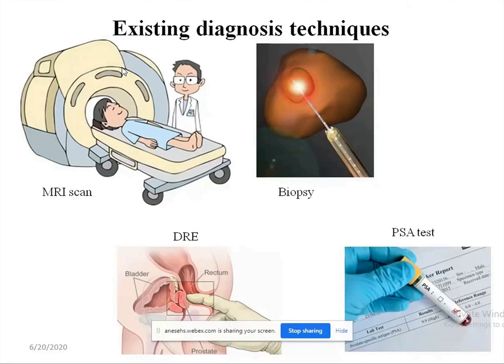And the final kind of test is the antigen-based test, or the blood test or other body fluid test. These are the tests where we detect a particular biomarker which is used for disease detection. For example, in the case of prostate cancer, there is an antigen called prostate-specific antigen. These are actually proteins that are present in human body fluids such as blood, saliva, urine, etc. When a person is healthy, there will be a very low concentration of these biomarkers.